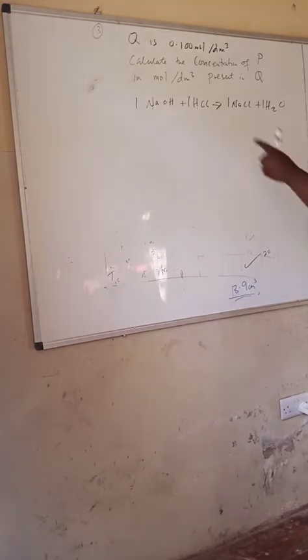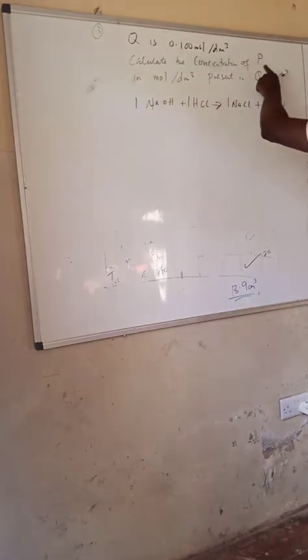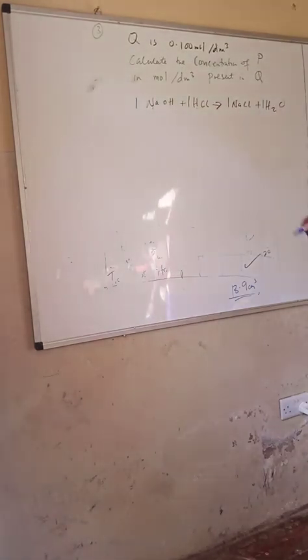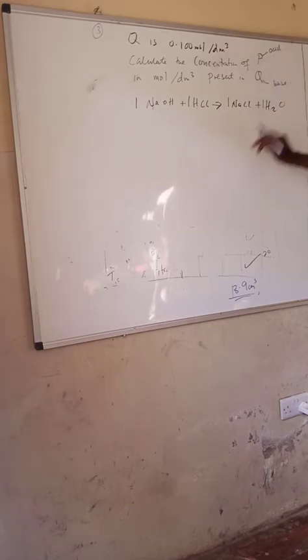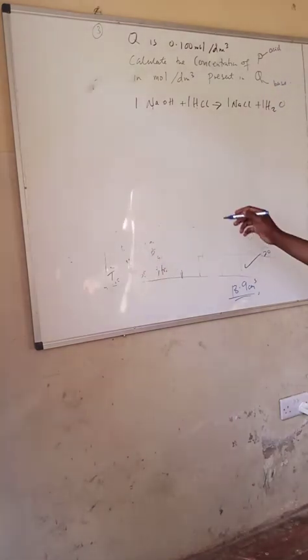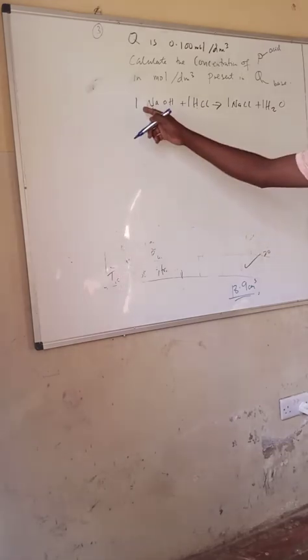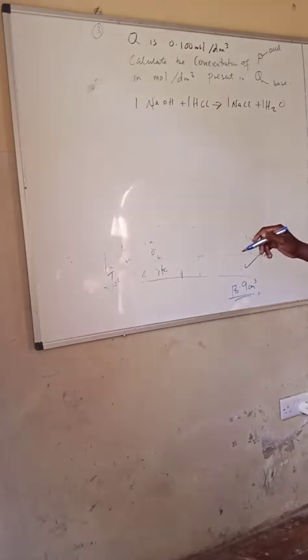So we are relating Q and P. These are the two letters we are relating. P is the acid, Q is the base. So we have two slots here, one for the acid and one for the base.